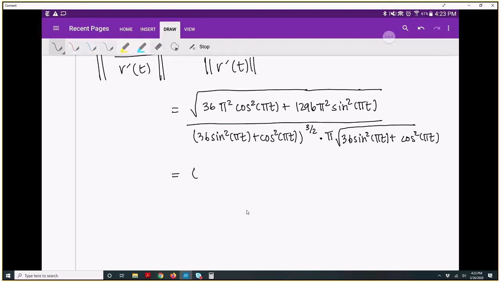I can pull out 6 pi from the square root on top, which gets rid of 36 pi squared.